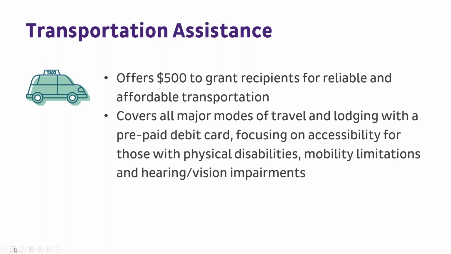It covers all major modes of transportation, including gas and lodging, and it comes in the form of a prepaid debit card. And again, you must be enrolled in one of our other funds, a copay fund for example, to be eligible and apply for our transportation assistance funds.